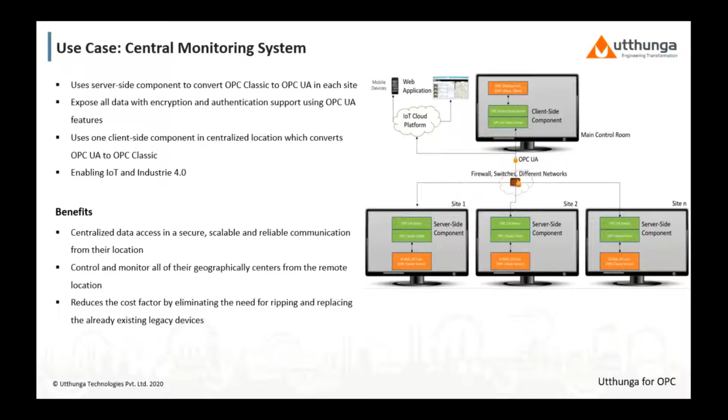So all you need is an OPC Classic to OPC UA converter, which, as we told, is a server-side component. And of course, it will go across the firewall, the switches, and the different networks.